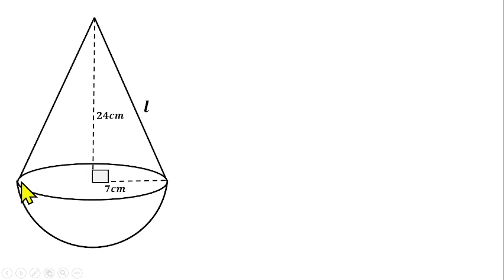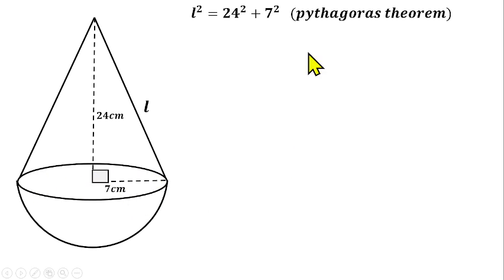So this circular base, or the circular base of the cone, or the top of the hemisphere, will not be part of it. But before we find the curved surface area, we need to find the slant height, which is our L.